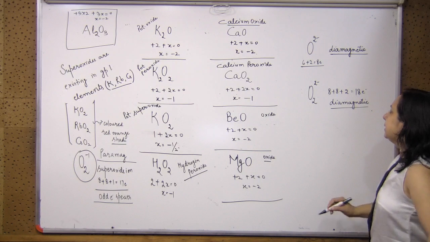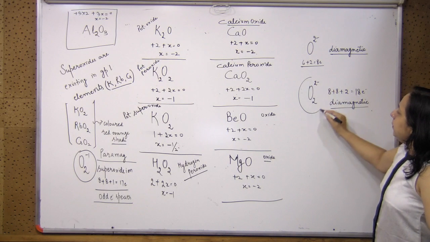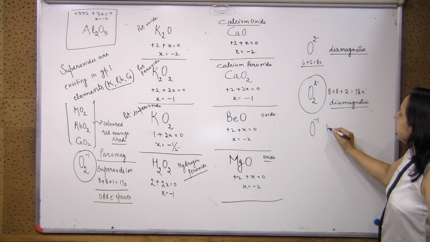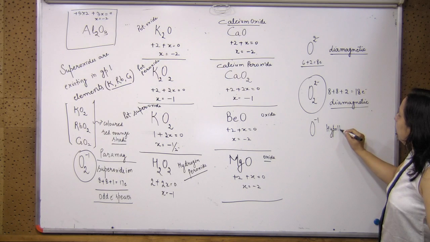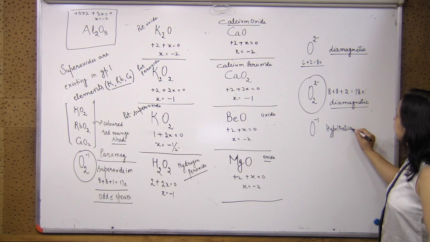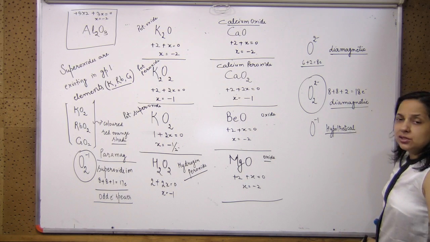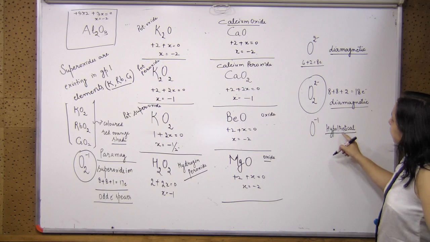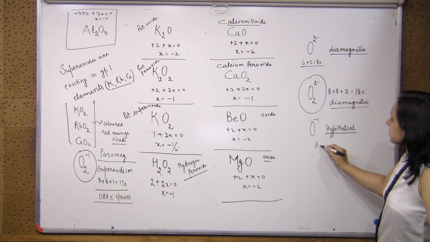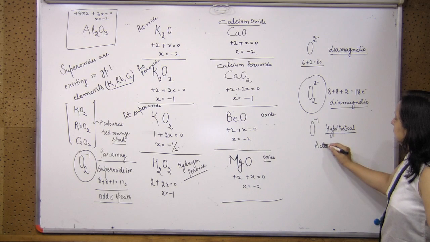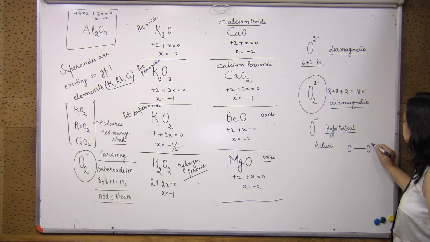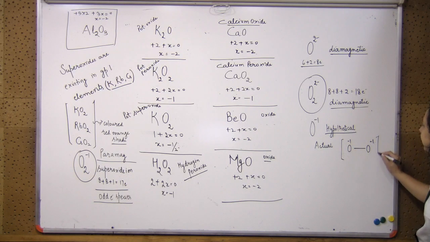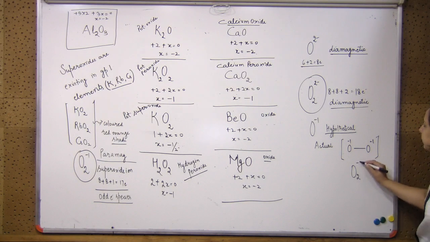And if we write O 1 negative, this is just hypothetical. O 1 negative is not a single oxygen with negative charge. This is not existing, not stable, not possible. Whenever we say O 1 negative, it's hypothetical. Actual is oxygen, single bond, oxygen, 1 negative charge, 1 negative charge, and this is named as O2 2 negative.